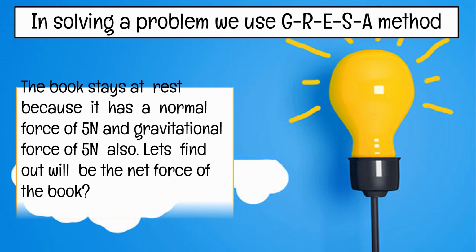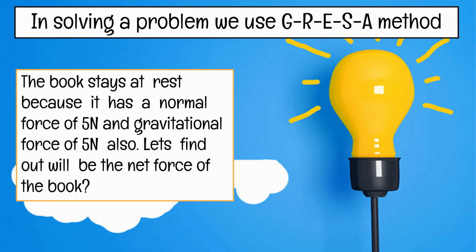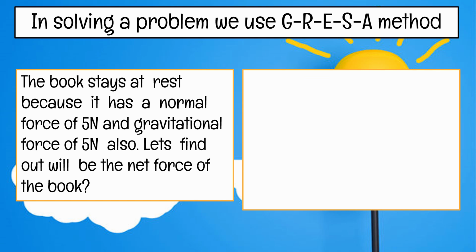Again, the problem states that the book stays at rest because it has a normal force of 5 newtons and a gravitational force of 5 newtons also. Let's find out what will be the net force of the book. So the given are 5 newtons for normal force and negative 5 newtons for the gravitational force.